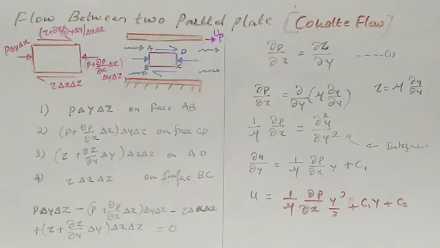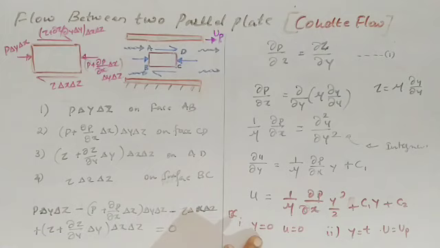The c1 and c2 are integration constants, and we need to identify the values of c1 and c2 by using boundary conditions. The first is y equals 0 and u equals 0. The second boundary condition is when y equals t, u will be equal to Up.